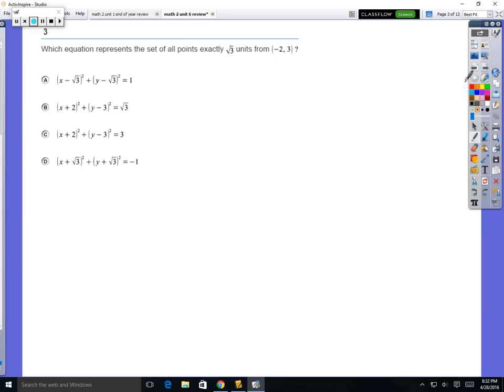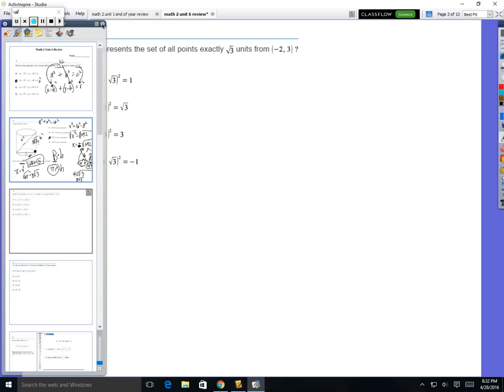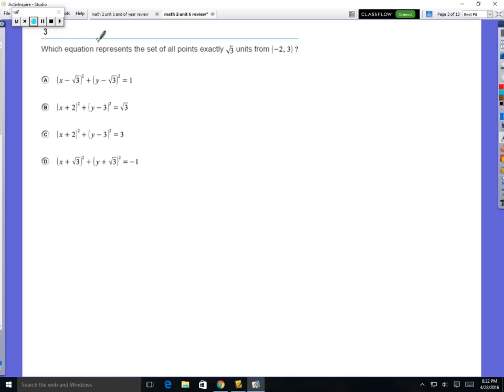Okay, number 3. Which equation represents the set of all points that are exactly the square root of 3 units from (-2, 3)? So if you have negative 2, up 3, this is the definition of a circle.